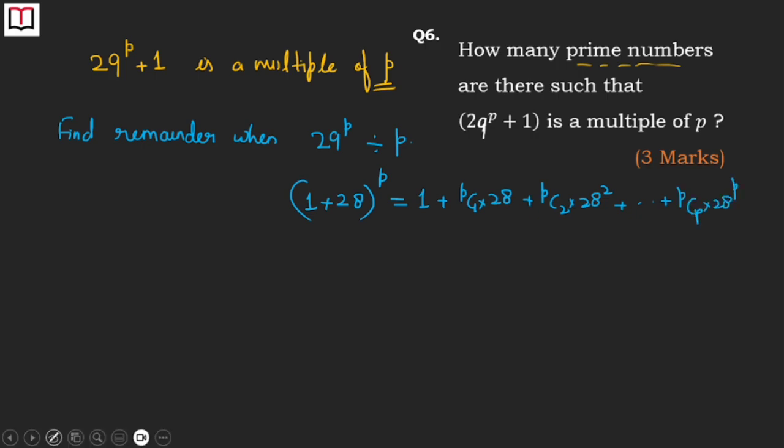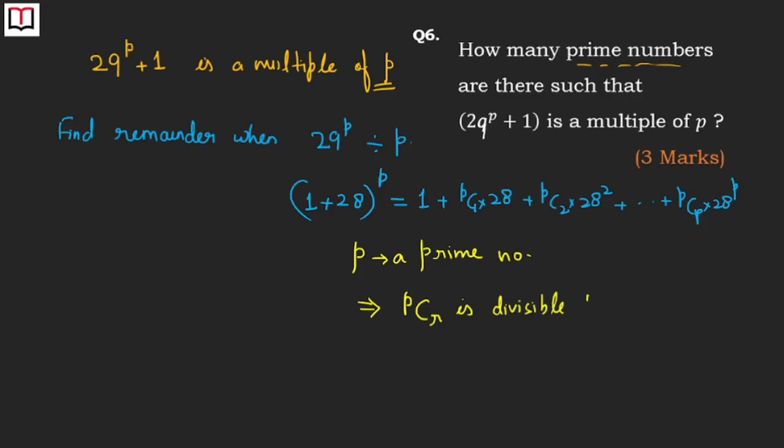Remember, p is a prime number, which implies pCr is divisible by p for all r belonging to the interval 1 till p minus 1.